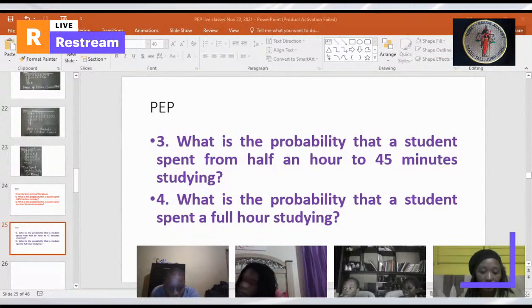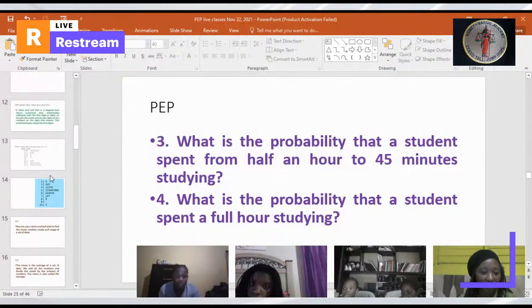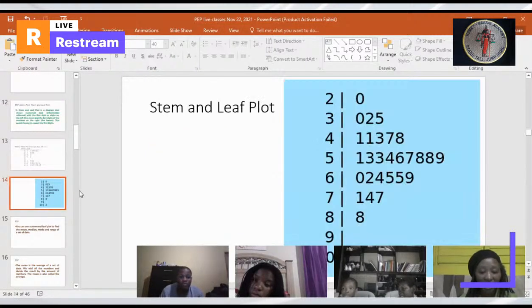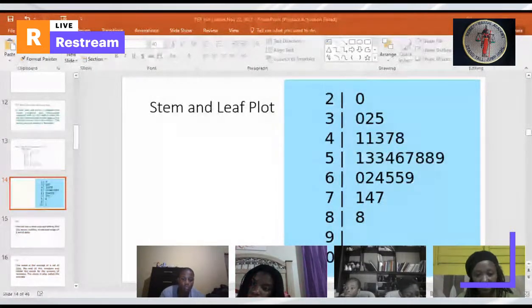The basic idea is that stems are along to the left. As you can see in this diagram again, the stems are to the left and the leaves are to the right. You combine the digit on the left with each of the digits on the right.